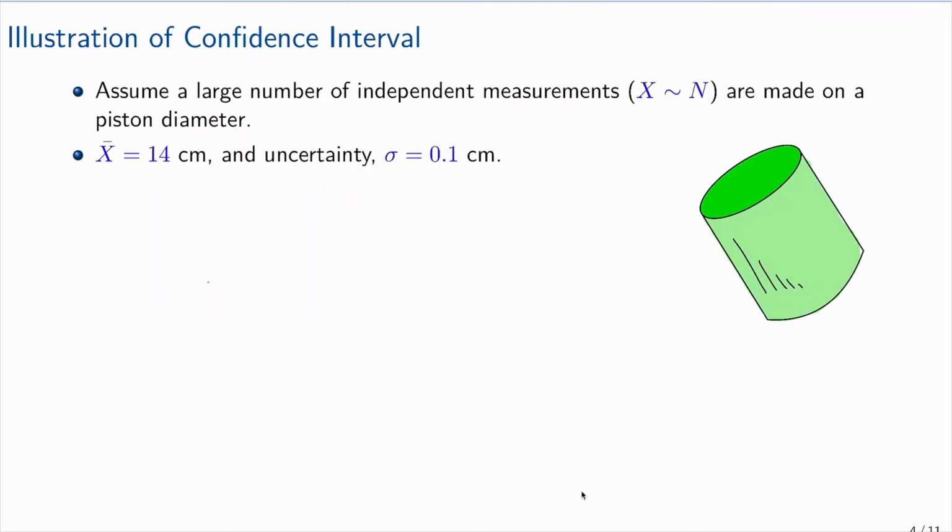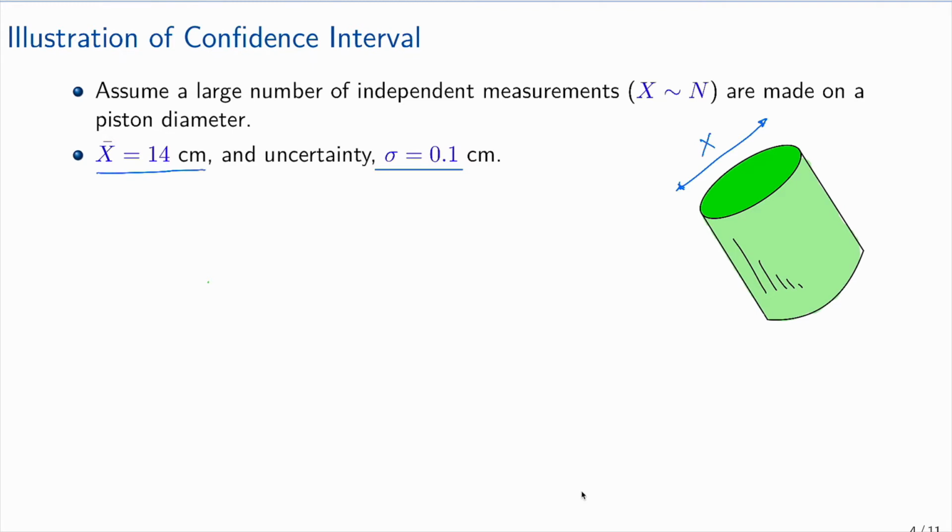Let's illustrate the concept of confidence interval. Let's suppose that we are measuring a diameter, and the variable is normally distributed. After doing some computation, we conclude that the mean is 14 centimeters and the uncertainty is 0.1 centimeters.